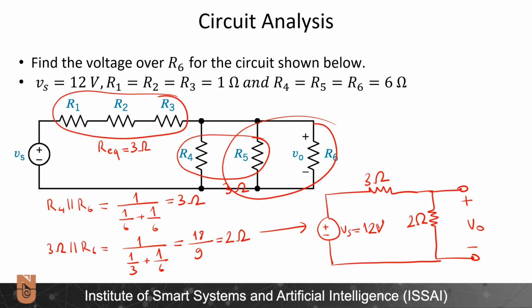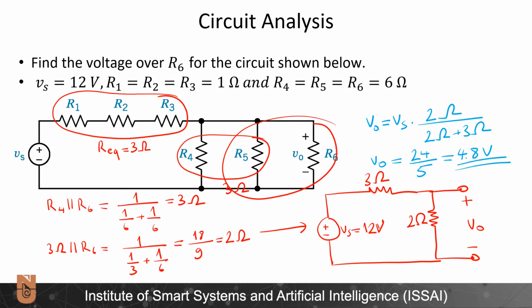Using the voltage divider rule, I can calculate V out as Vs times 2 ohms divided by 2 ohms plus 3 ohms, and accordingly this will be equal to 24 divided by 5, and 4.8 volts. So we found the voltage over R6, which is equal to voltage over R5 and voltage over R4, since they are all in parallel, which is equal to 4.8 volts.